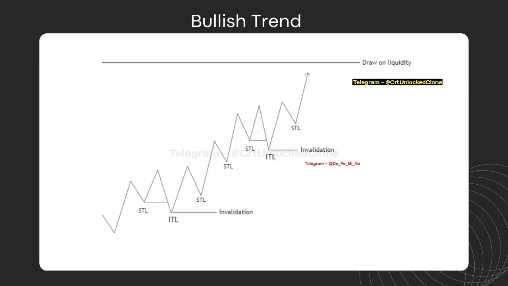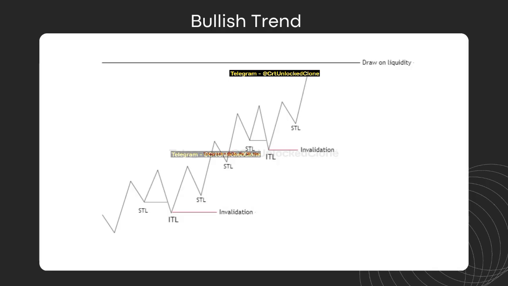And right here you can see that this protected low formed after the rejection below this low in this bullish trend, right? And now we've got two short-term lows to its opposite sides, and that is why we consider this particular low as an intermediate term low. And this is the exact low that could be used for two main purposes.